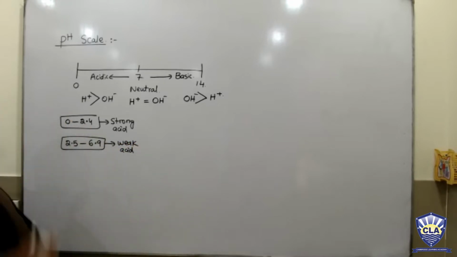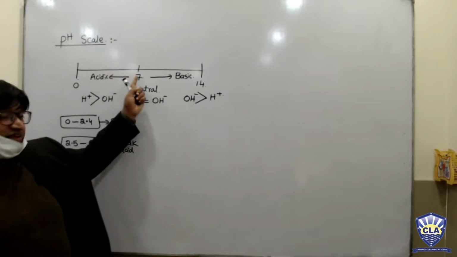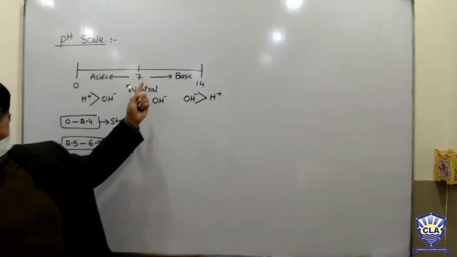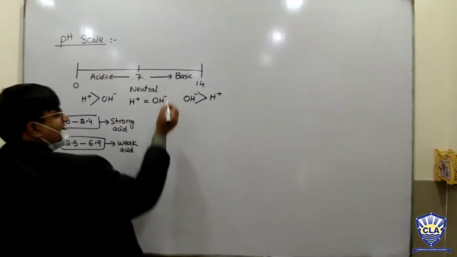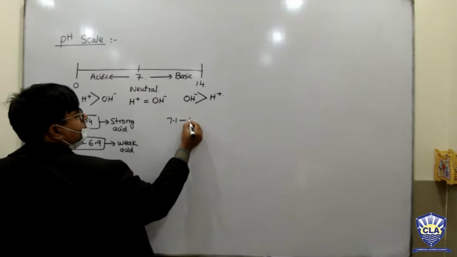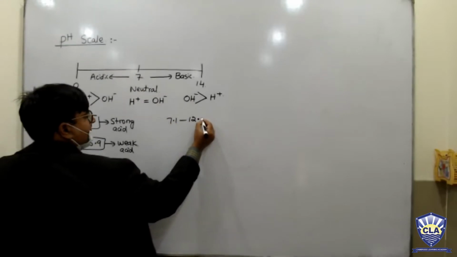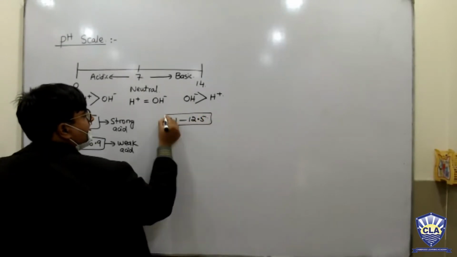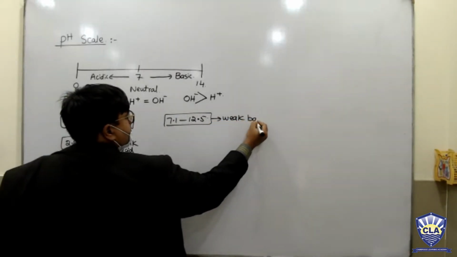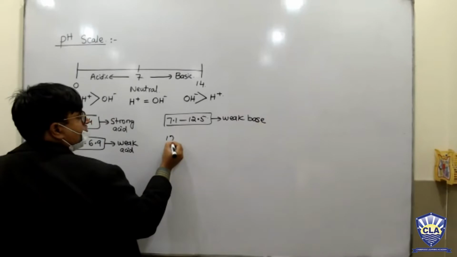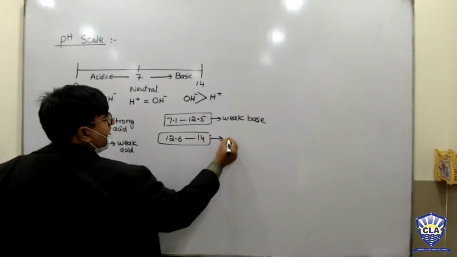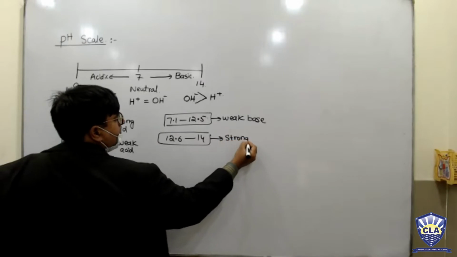If the pH starts moving towards 7, the acid becomes weaker. Remember that. And just like that, a pH of 7.1 to 12.5 is a weak base, and a pH of 12.6 to 14 is a strong base.